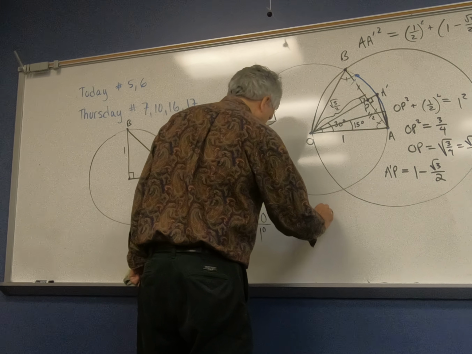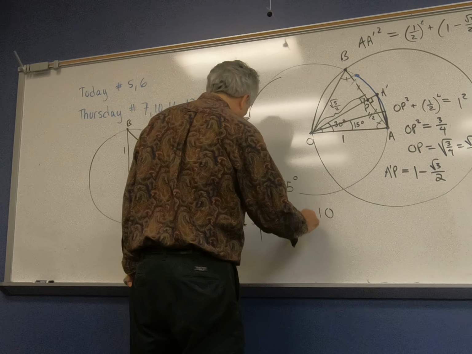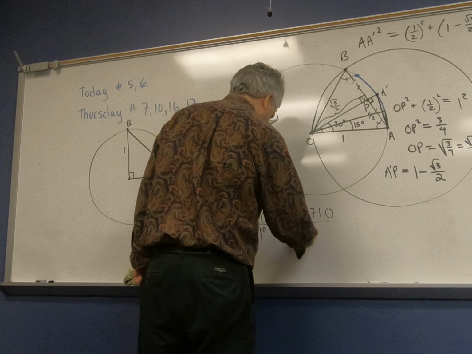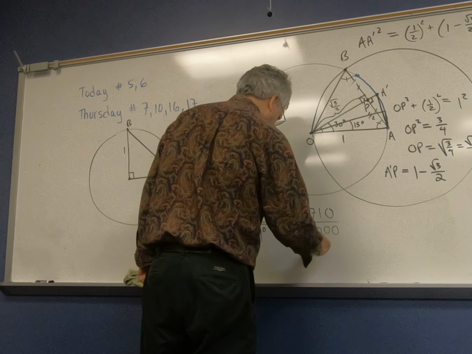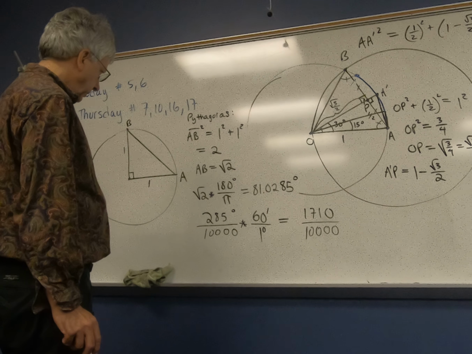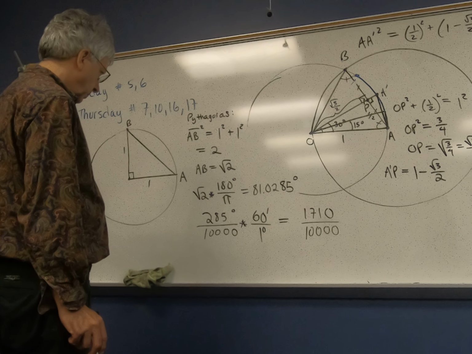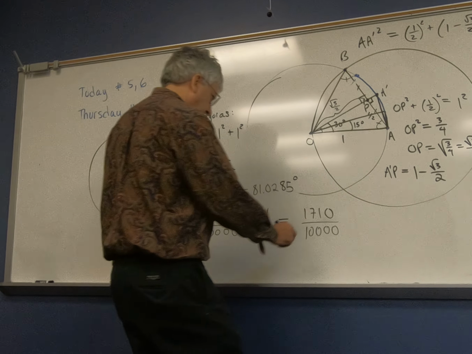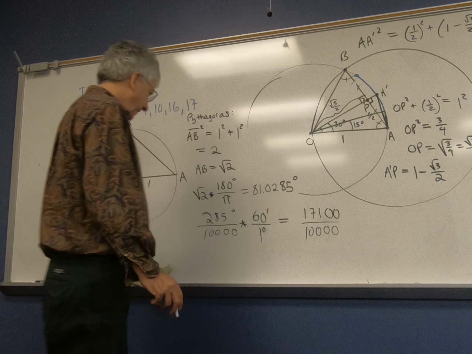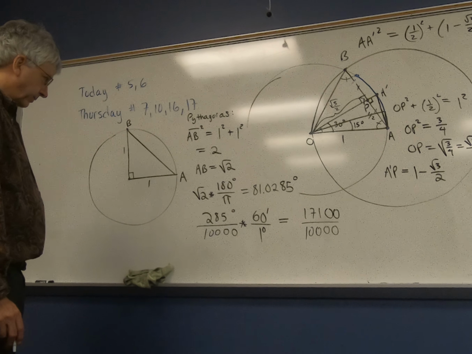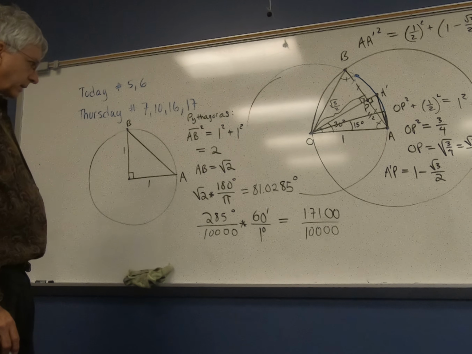Well, 30, 48, 51, carry the 5, you got 17 here, and that's over 10,000. Did I do that right? I need another 0 here for one thing. So 30, 48, 51, carry the 5, 12 and 5 is 17, right?